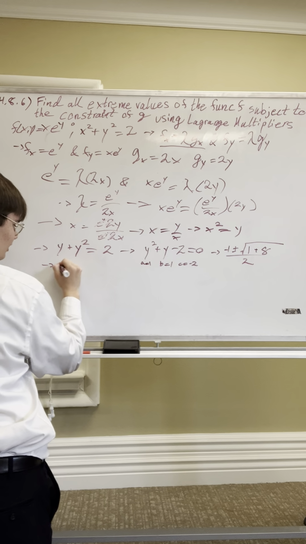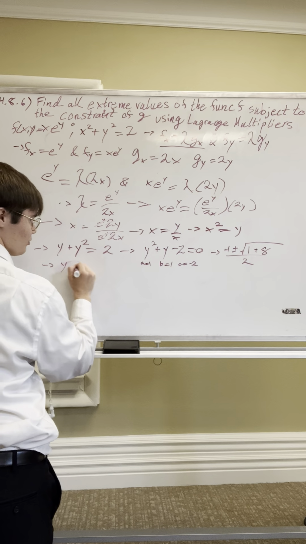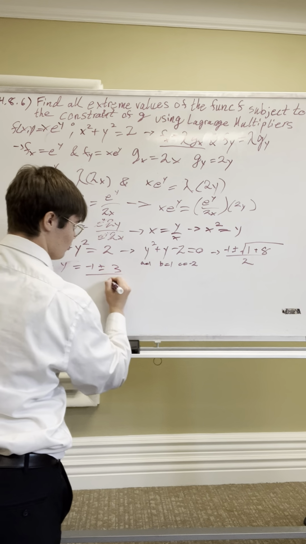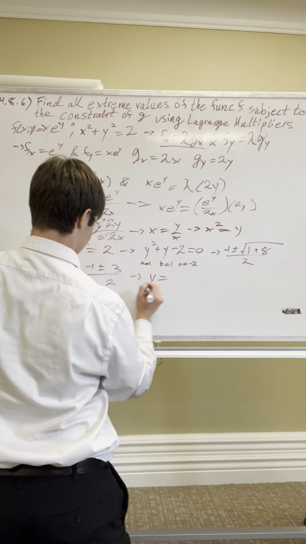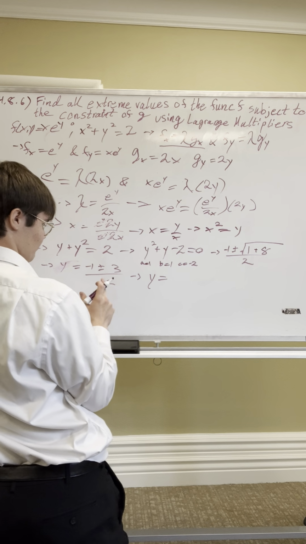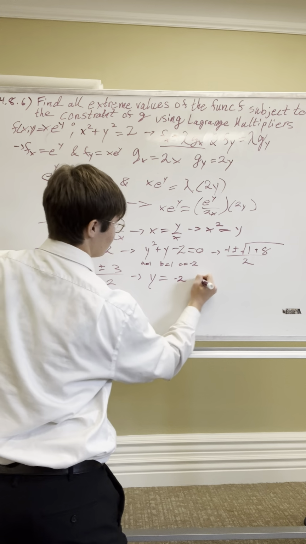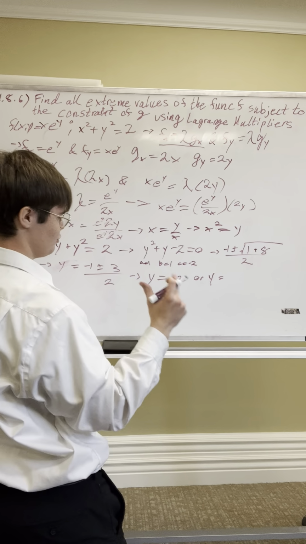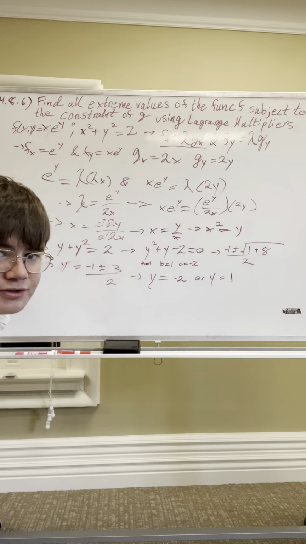So y equals -1 plus or minus the square root of 9, which is 3, over 2. So if we have -1 minus 3, that's -4 over 2, which is -2, or y will equal -1 plus 3, which is 2 over 2, which is 1, right? Those are our critical points for y.